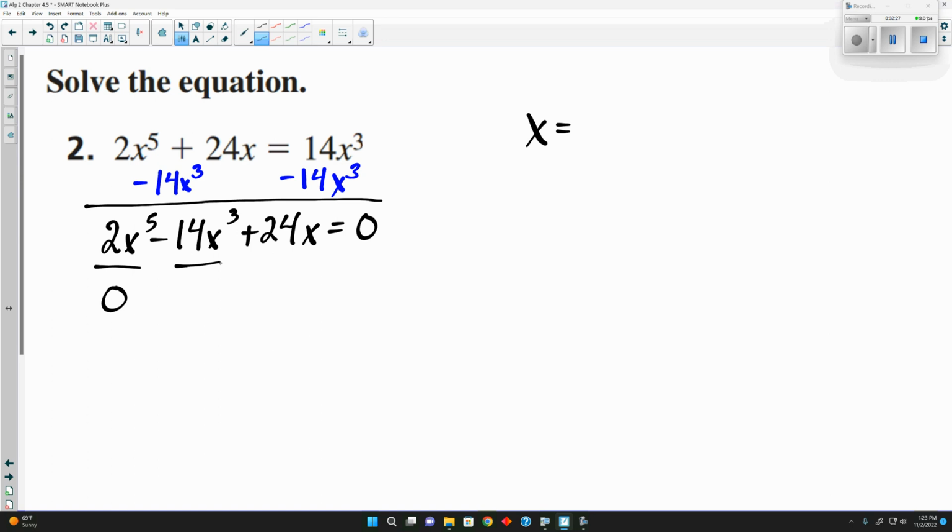If I plug 0 into negative 14x cubed, that is 0. 0 into 24x, we get 0. So one value of x that'll make this whole thing 0 is indeed 0. And that's kind of a nice little, you could almost say cheat, because you just have to look at the function and see, is there a constant term? Is there a term without x? And if no, it means one of the solutions has to be 0. And it holds up. It is true.